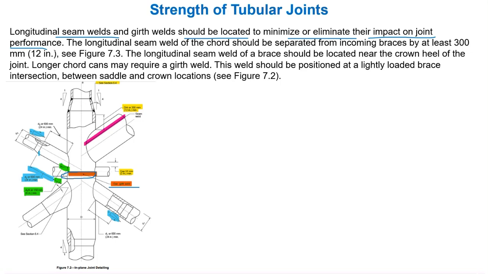Wherever we have a weld, it will have some impact on the joint performance. So if we place those welds at a particular location, we can avoid those impacts on the performance of the joint. The longitudinal seam weld of the chord should be separated from incoming braces by at least 300 mm. See figure 7.3.